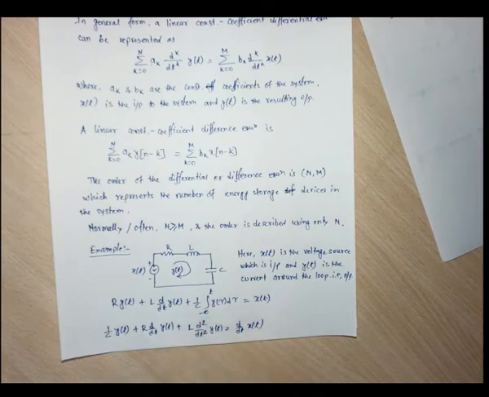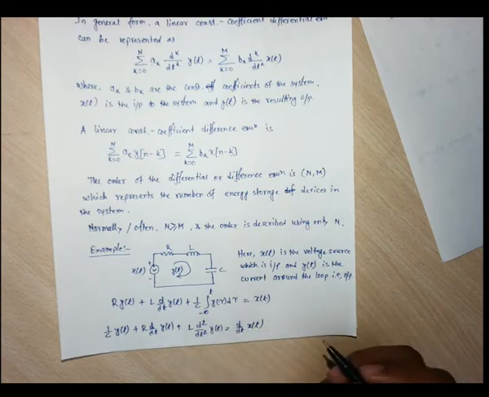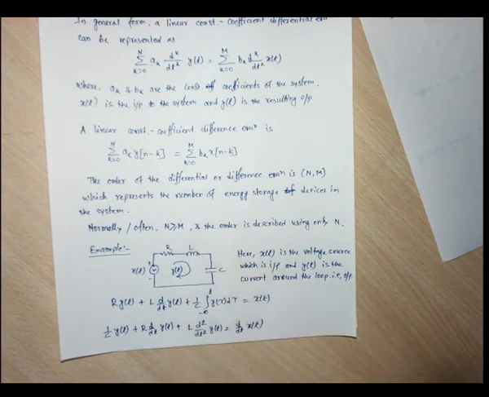So the maximum order of this differential equation is 2, which also denotes the number of energy storage devices. Here the energy storage devices are 2, that is, inductor and capacitor. Okay, clear or still doubt?